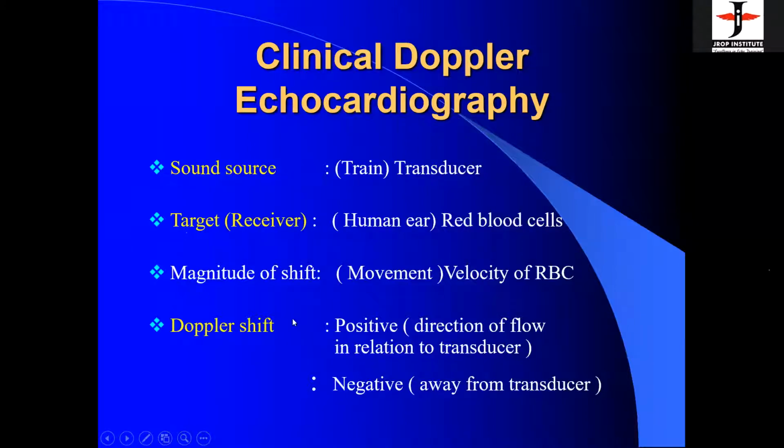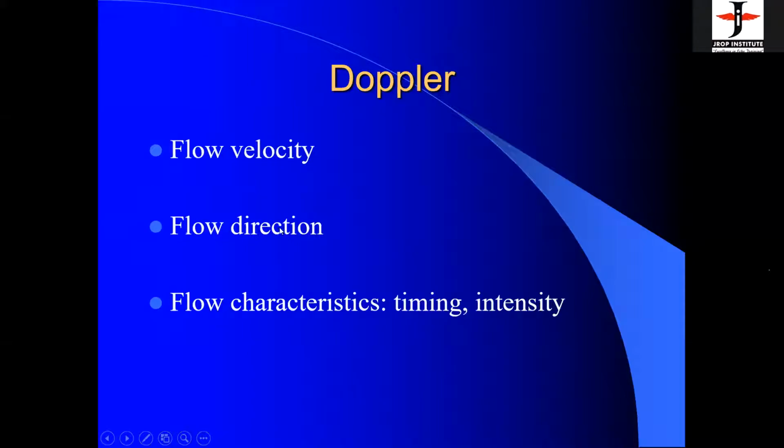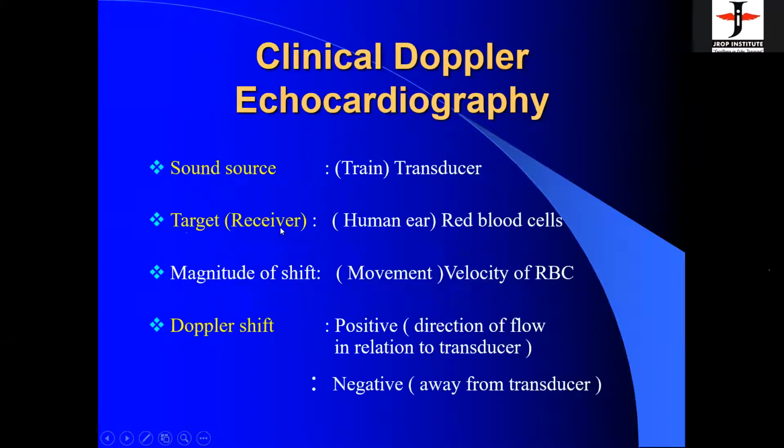Now, this is what I told you just now: a sound source. I told you flow direction. Now I'm coming to this. Flow direction means the direction of flow. Now remember this sentence.